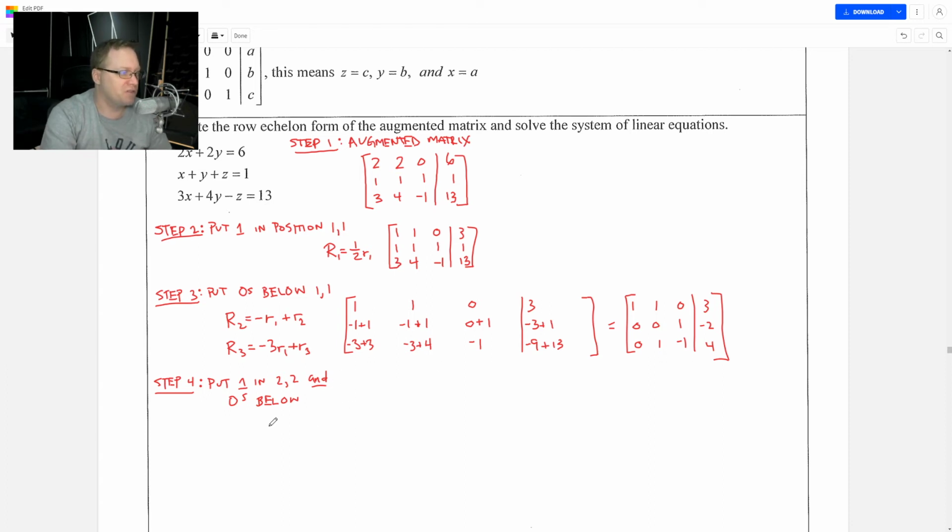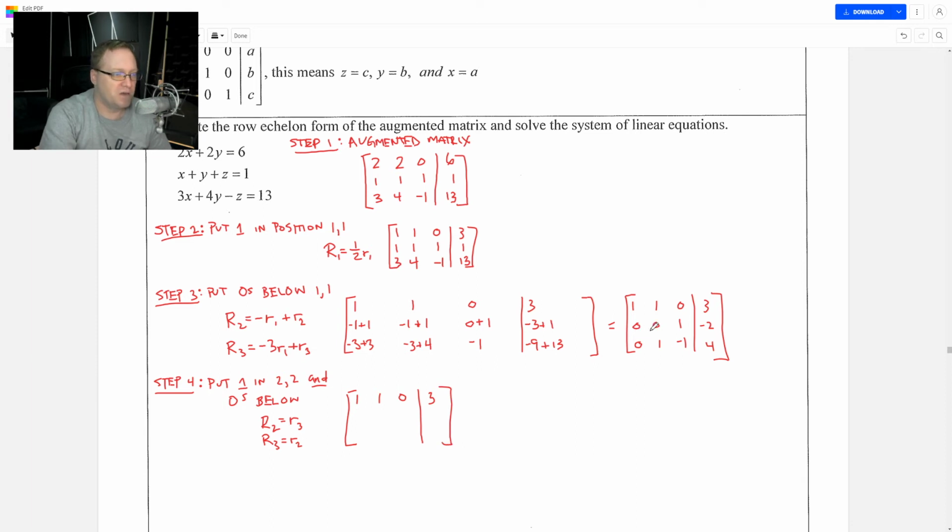If we want to write that, we could write our new R2 is going to be old R3, and new R3 is going to be old R2. So that's how we write this in the row operation notation. And we can go ahead and write our new matrix. Row 1 doesn't change, so it's going to be 1, 1, 0, and then 3.